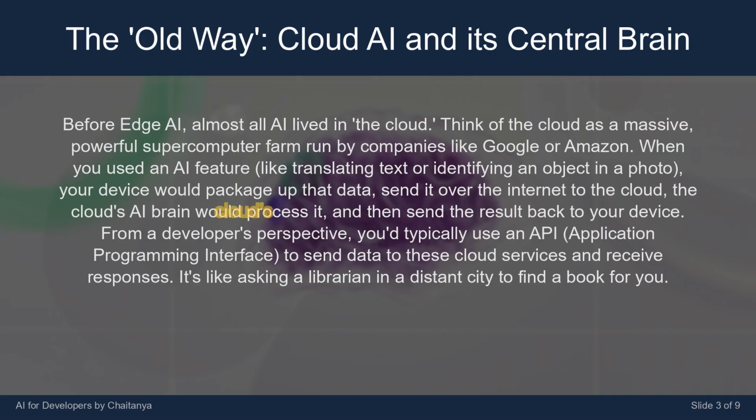The cloud's AI brain would process it, and then send the result back to your device. From a developer's perspective, you typically use an API, application programming interface, to send data to these cloud services and receive responses. It's like asking a librarian in a distant city to find a book for you.